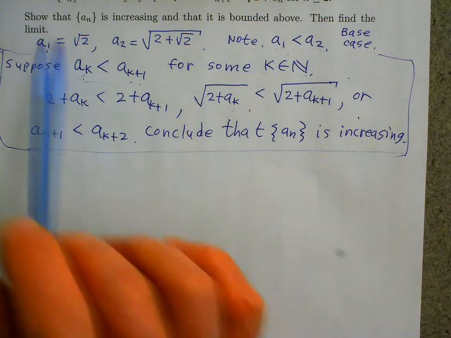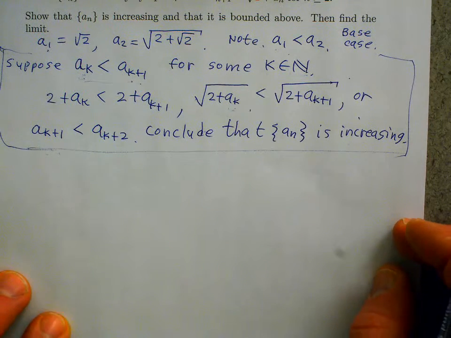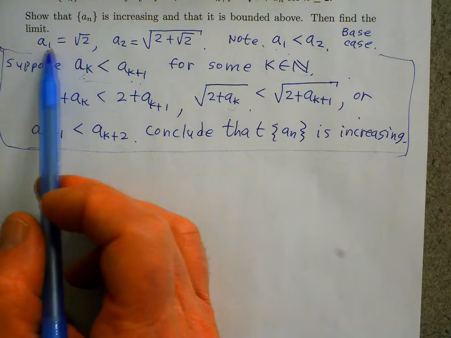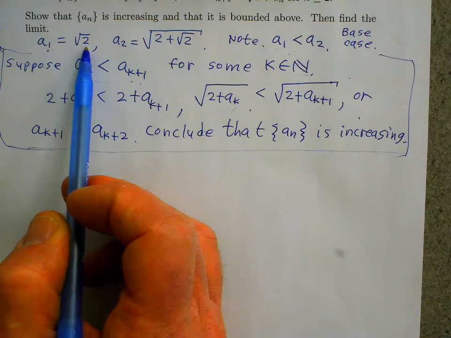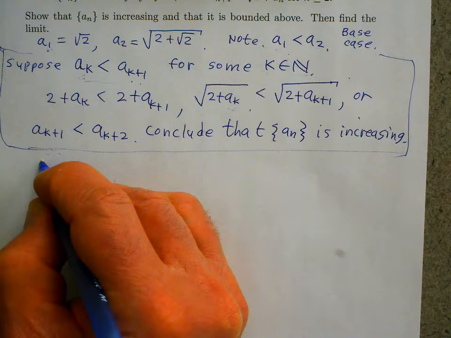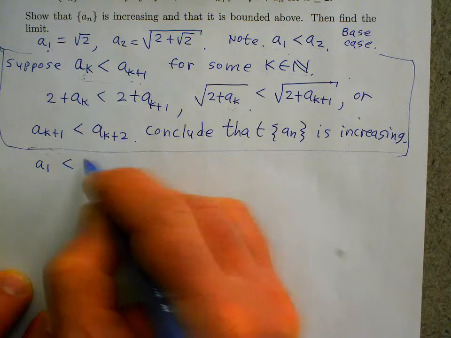The next thing we want to do is show that the sequence is bounded above. So the first term, a sub 1, is equal to the square root of 2. So let's note that a sub 1 is less than 2.